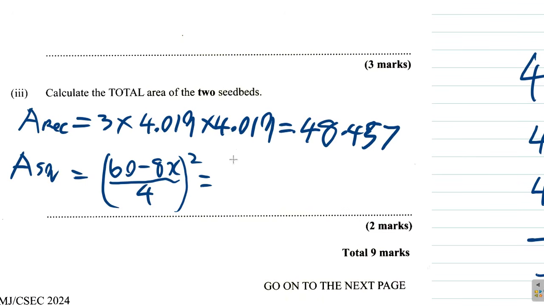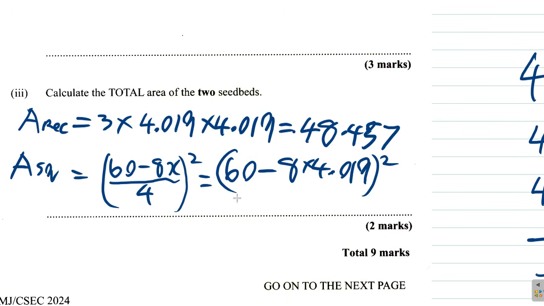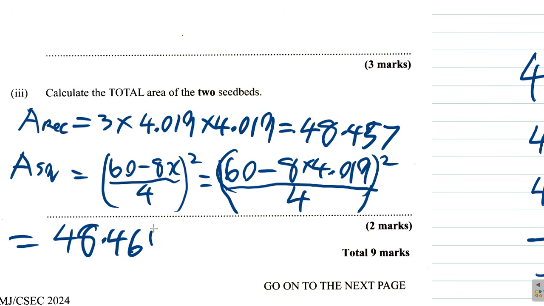Is equal to 60 minus 8 times 4.019, all squared over 4, everything squared. Work it out on a calculator: 60 minus 8 times 4.019, equals, and then that over 4, equals, and then that's squared. You get 48.469.